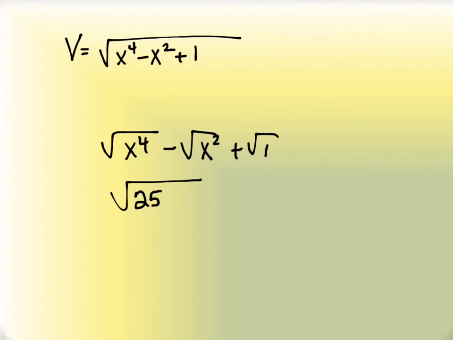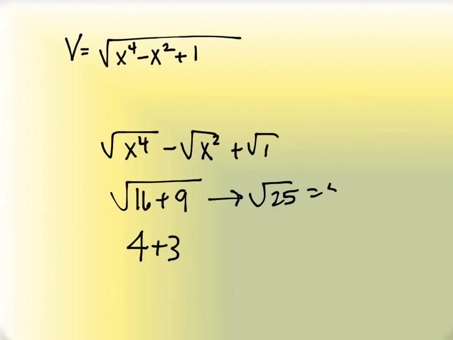If I had 16 plus 9, and I were able to do that, that would give me 4 plus 3, right? But this would be the square root of 25, which is 5, and 7 is not the same as 5. So there's no way to distribute a square root or to simplify underneath a square root unless you have a quantity of the whole thing that's squared and cancels the square root out. So unfortunately we can't. That's a total bummer.